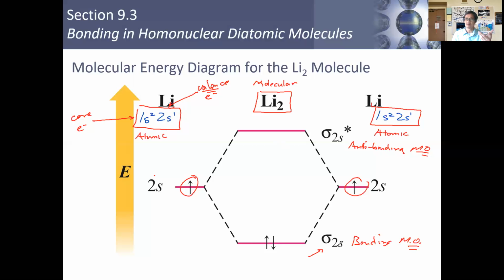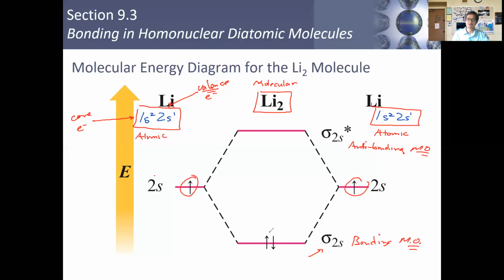Remember, this is when we write out the electron configurations for these molecules. The rules we use are exactly the same as the rules we use for atomic orbitals. We use the Aufbau principle, we use Hund's rule, and we use the Pauli exclusion principle as well. So, two electrons in the lowest energy level here.